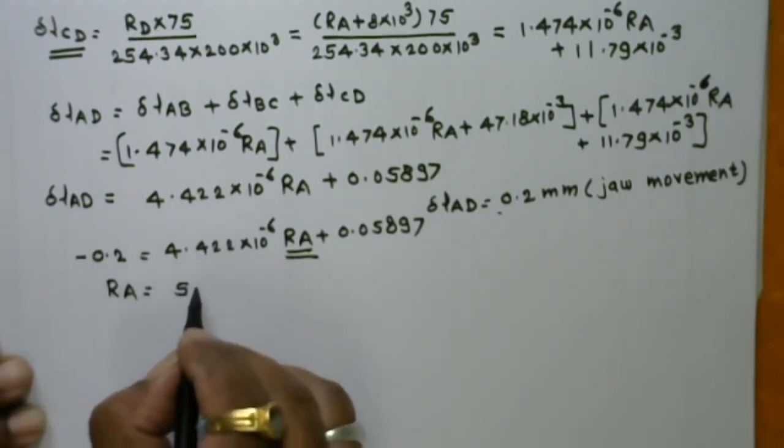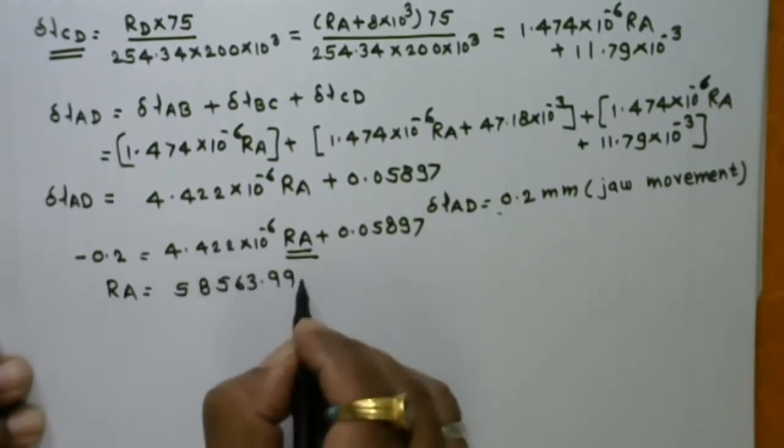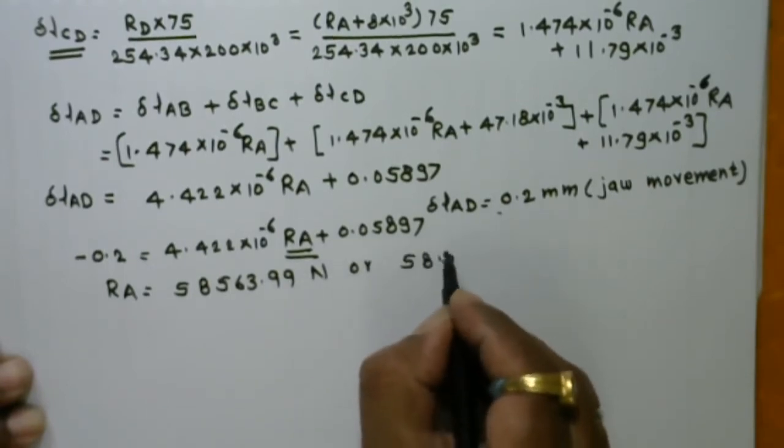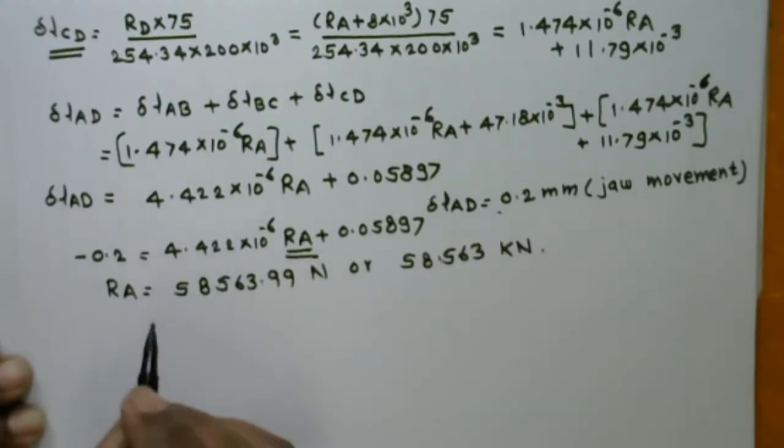RA is equal to 58,563.99 Newton, or you may write 58.563 kilonewton.